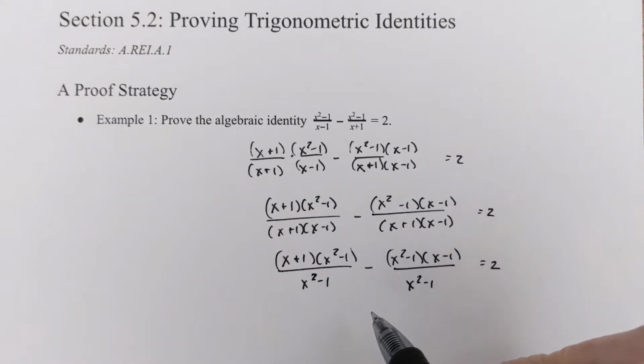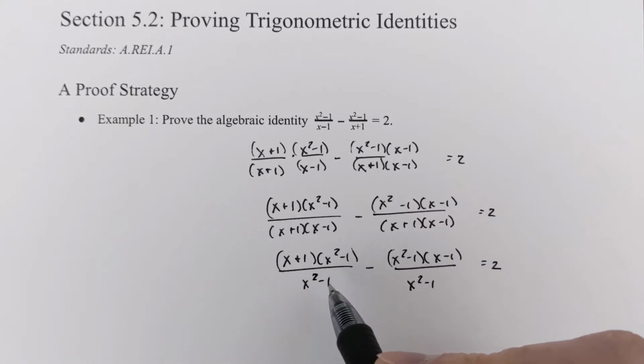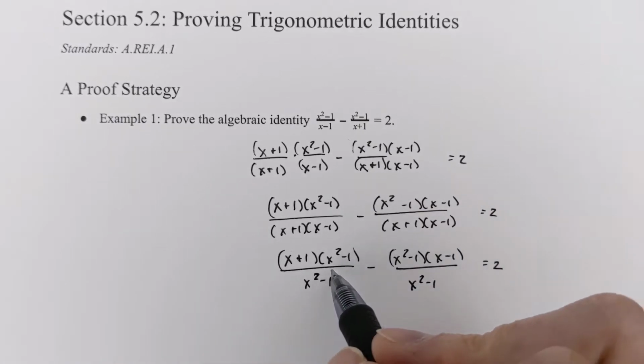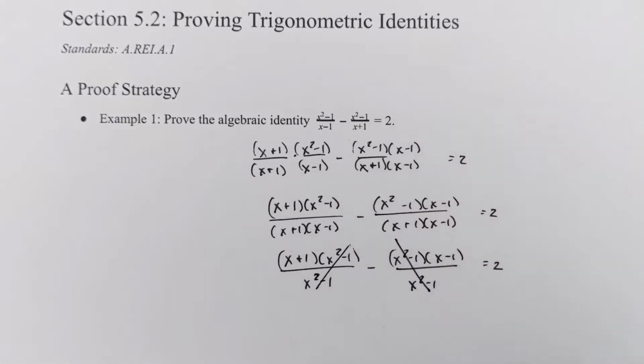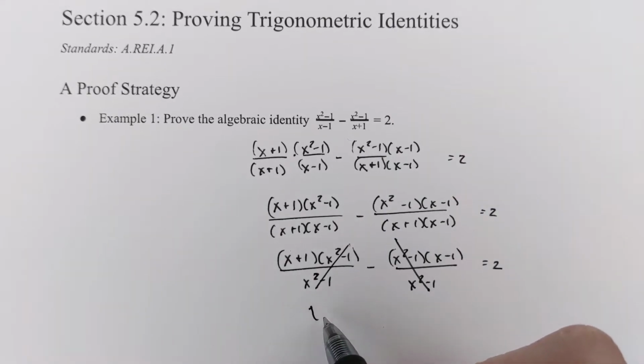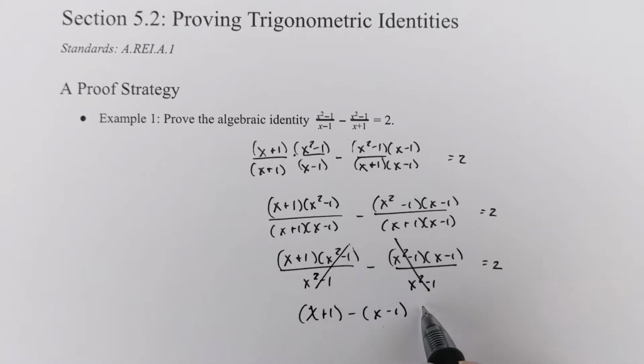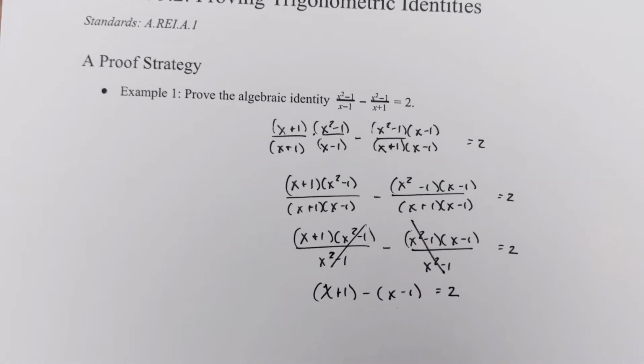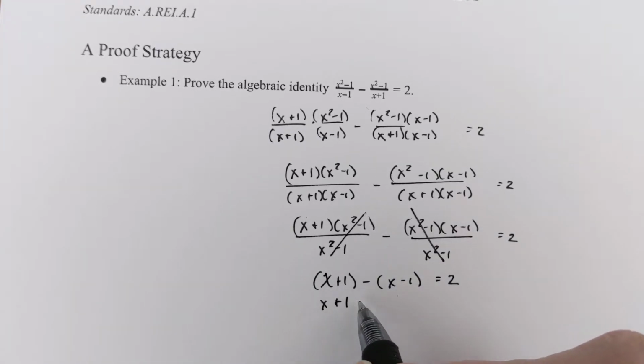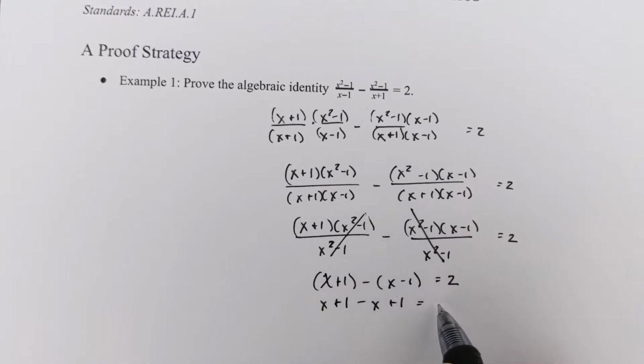Since I have x squared minus 1s on top and bottom now, I can cancel those out, which leaves me x plus 1 minus x minus 1 equals 2. So x plus 1 minus x plus 1 is equal to 2.